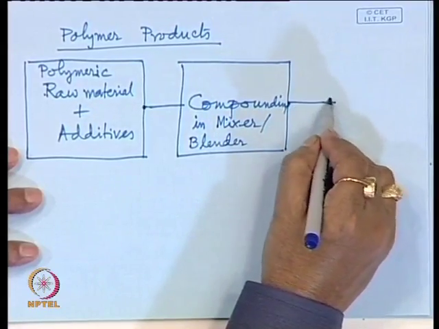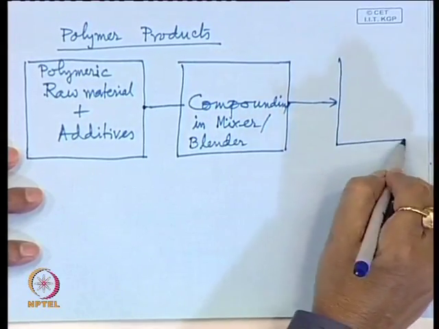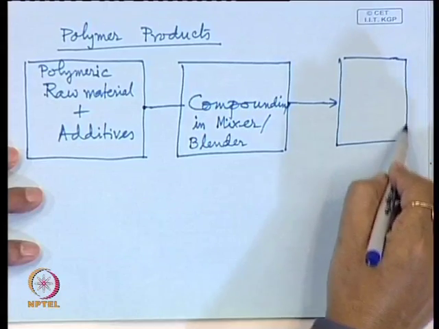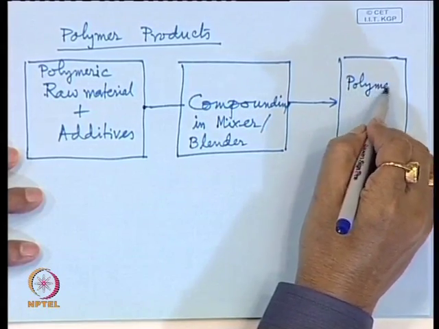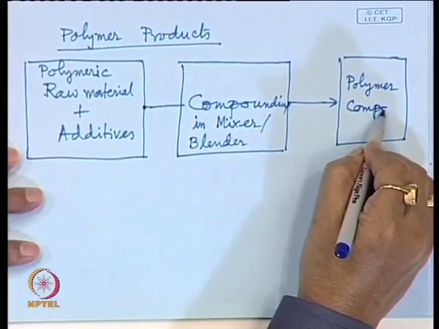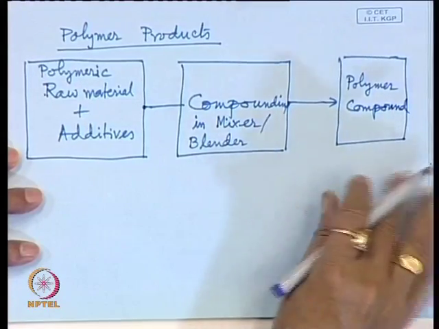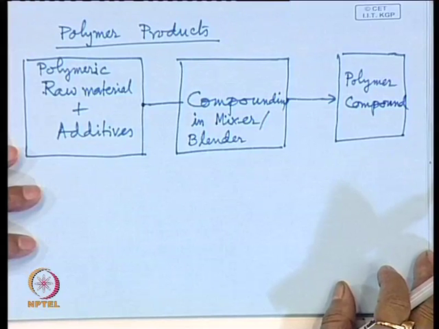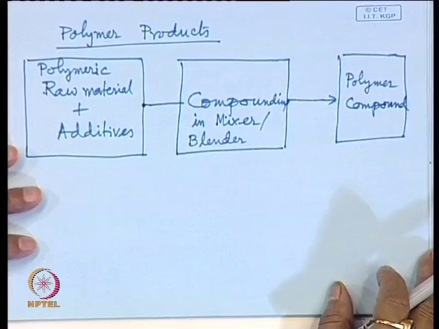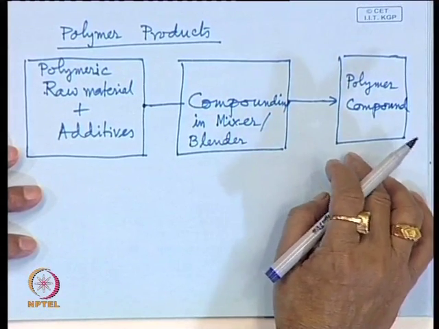After that, you get a compound, a polymer compound, where it is soft, flexible, or viscosity will be less while hot actually.